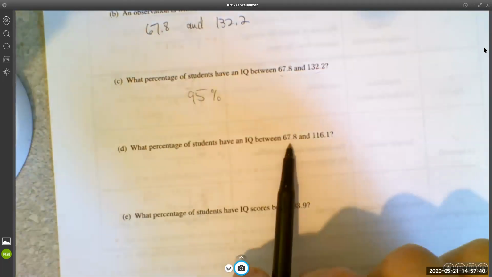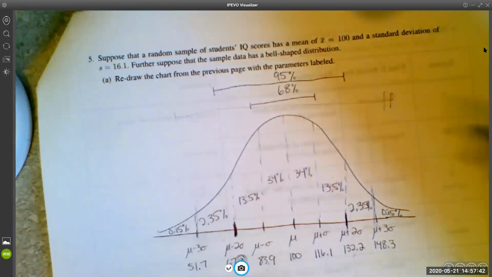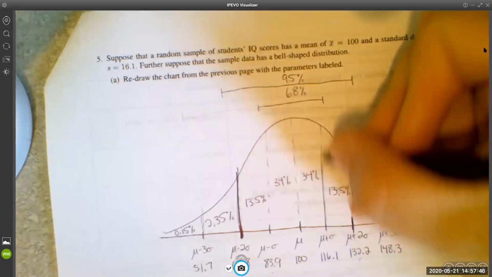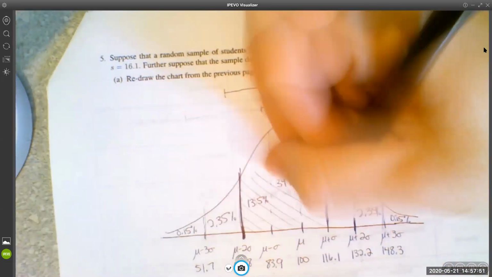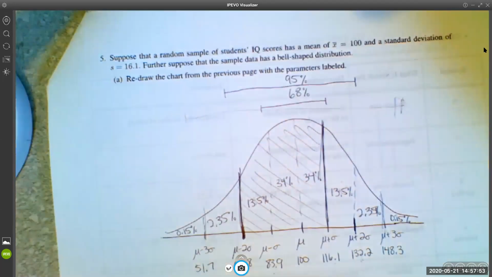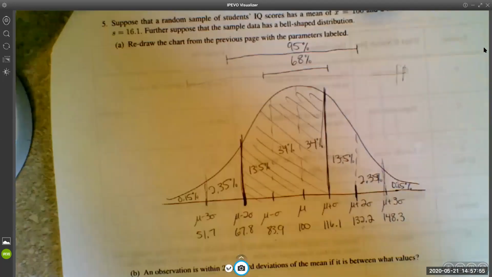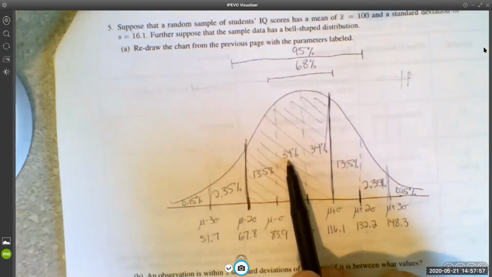That's how we're going to tackle the next one, right? The next one says, what percentage of students have an IQ between 67.8 and 116.1, right? So they want to know what percentage fall within this region, okay? So we're going to add up 13.5 plus 34 plus 34.